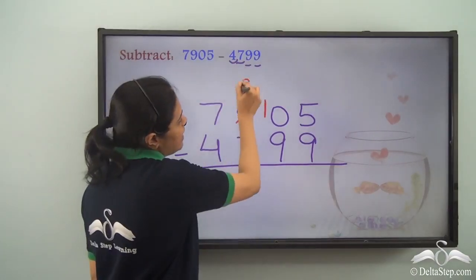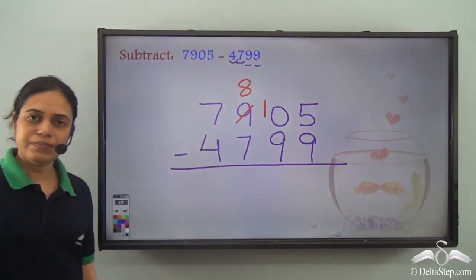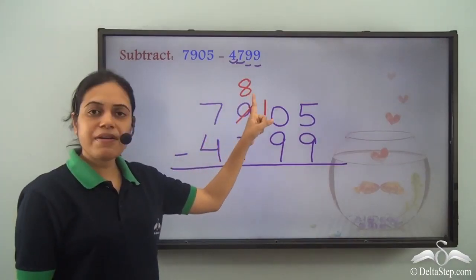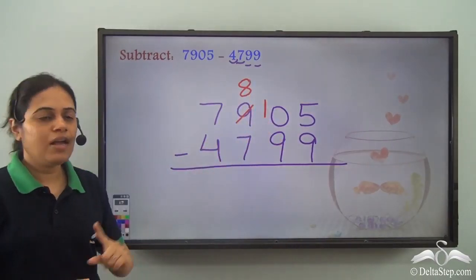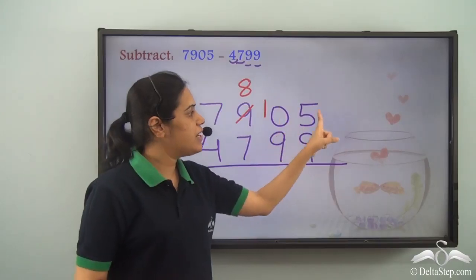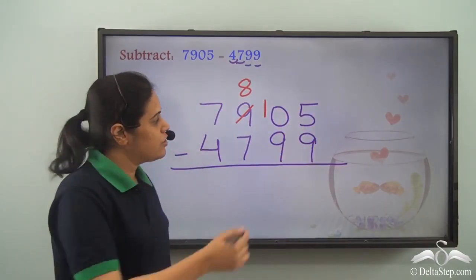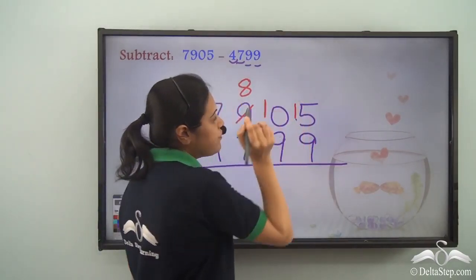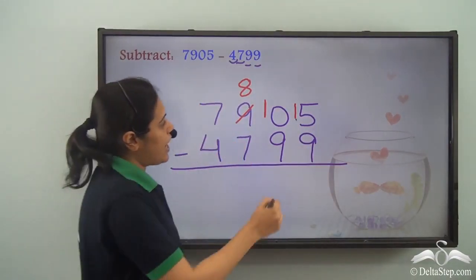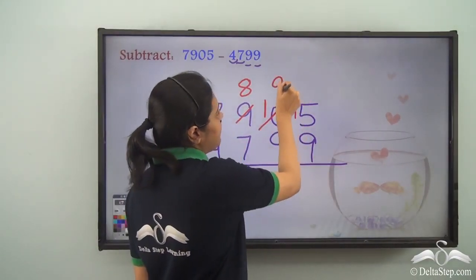And 9 itself becomes 8 because it decreases by 1 and 0 becomes 10. Now this 10 will lend to 5. So 10 will give 1 to 5 and make it 15. And 10 will become 9.